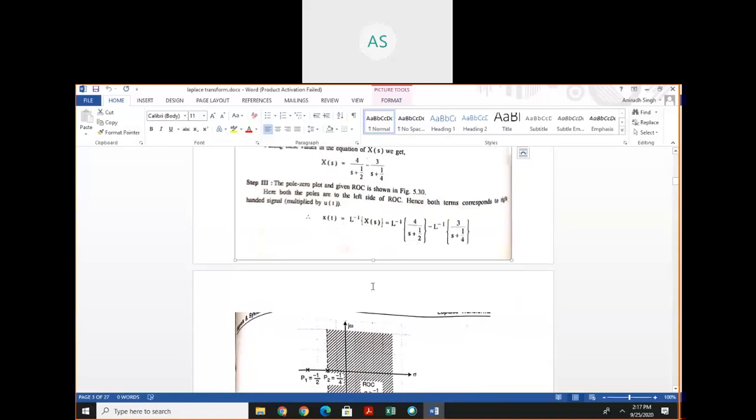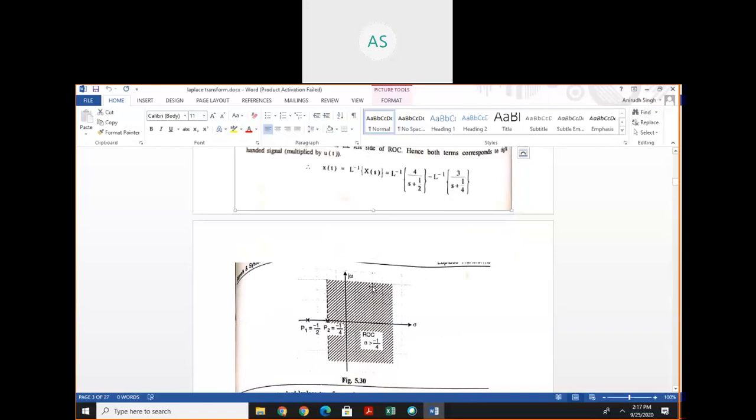So x(t) is the inverse Laplace transform of X(s), or the inverse Laplace transform of 4 by s plus half minus the inverse Laplace transform of 3 by s plus 1 by 4. The ROC is given, sigma is greater than minus 1 by 4.